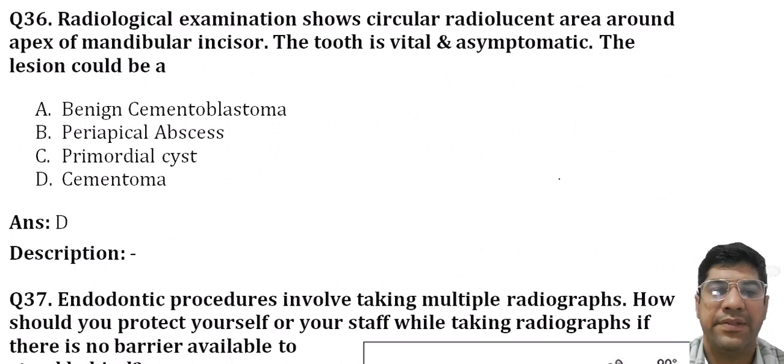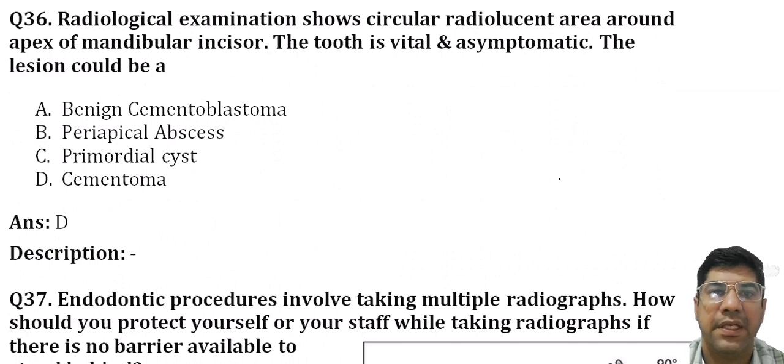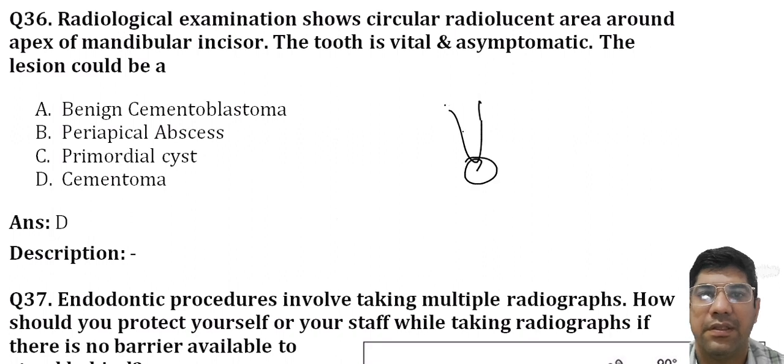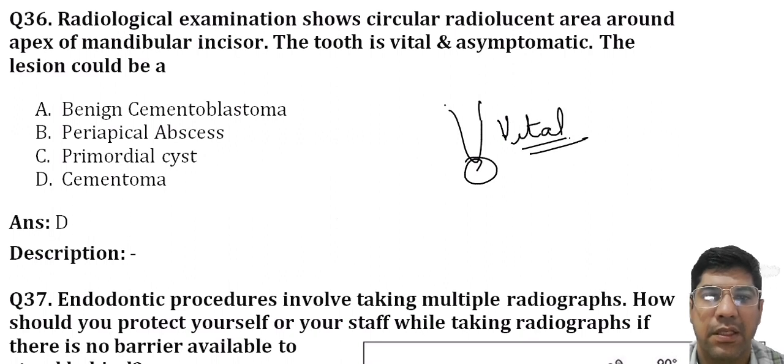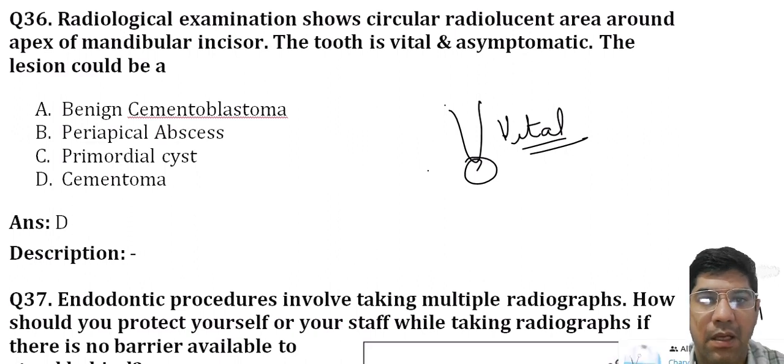Radiographic examination shows a circular radiolucency around the apex of the mandibular central incisors. The tooth is vital and asymptomatic. So the answer would be cementoma.